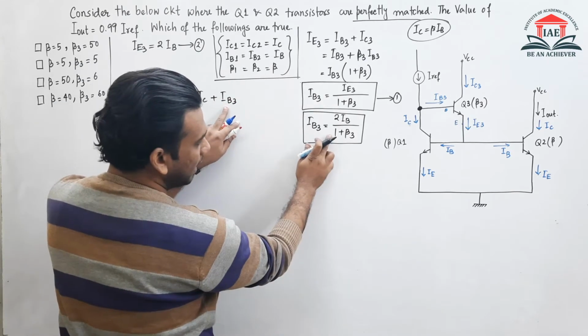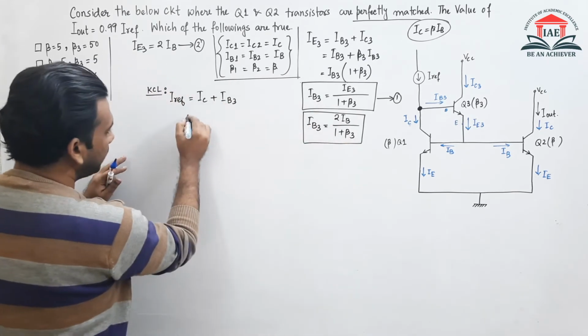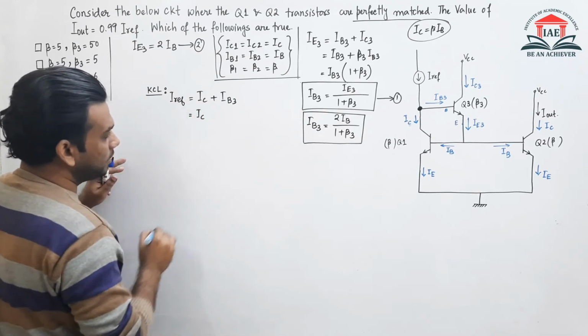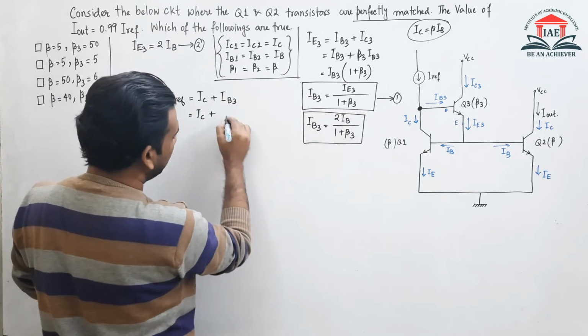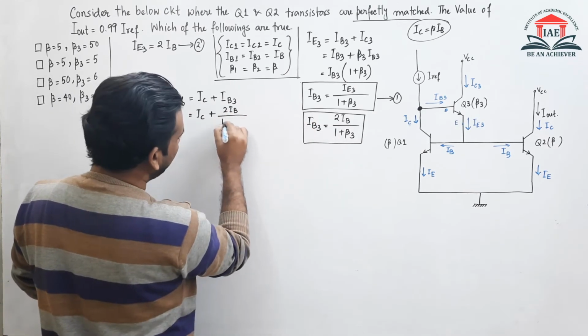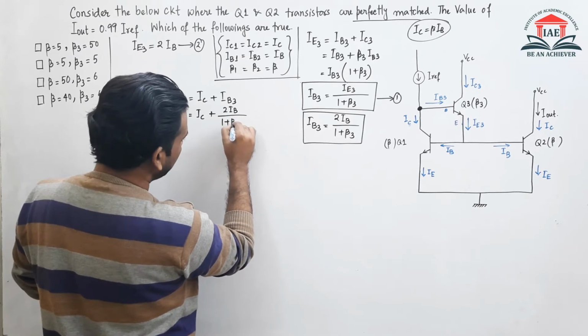IB3 का वैल्यू यहां से आएगा. So let us put the value here. So IC जहां पे है वहां पे रह दीजिए. यहां पे IB3 का वैल्यू आपका 2 of IB divided by 1 plus beta 3.